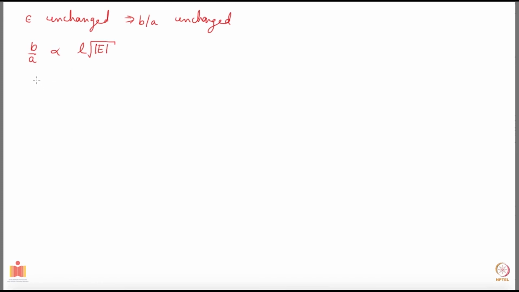Now let's say I take energy and scale it up by a factor of nu. So I make E to be nu times E. Then if I take my angular momentum and scale it as 1 over square root of nu times the original L, then my B over A does not change.